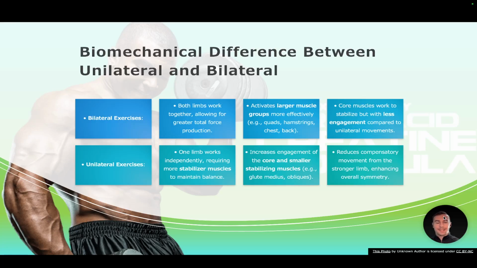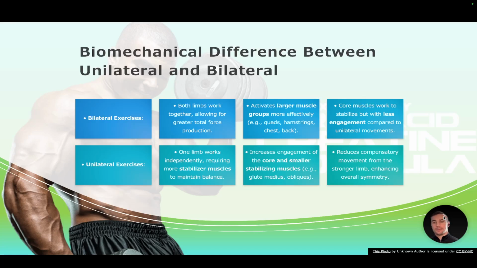So again, bilateral exercises use both limbs working together, allowing for greater total force production. Unilateral is where one limb works independently, requiring more stabilizer muscles to maintain balance. In bilateral exercises, you're activating larger muscle groups more effectively, such as the quads, the hamstrings, the chest, and the back.